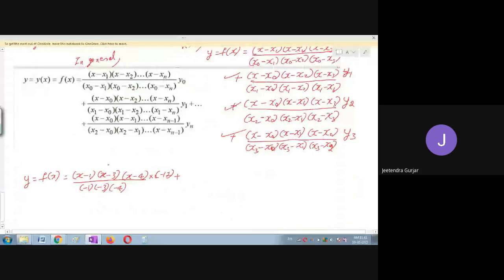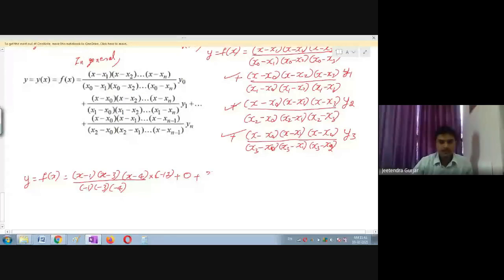Next we have x minus x0, x minus x1 is x minus 1, x minus x3 is x minus 4, and y1, y2 is 6, divided by x2 minus x0 is 3, x2 minus x1 is 2, and x2 minus x3 is minus 1.